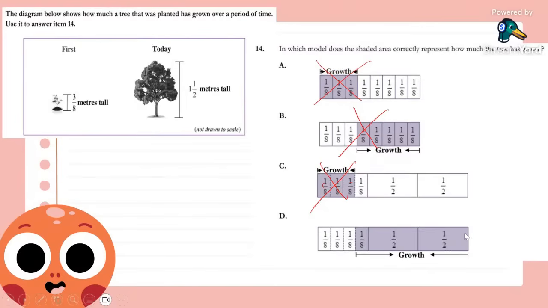So the whole can be divided into 3 halves, like this. This is 1 of the half, 2 of the halves, 3 of the halves. 1.5 meter tall today. But out of that 1.5, it started with this 3/8. So the remainder part from 1/8 all the way to the end here would show the growth.